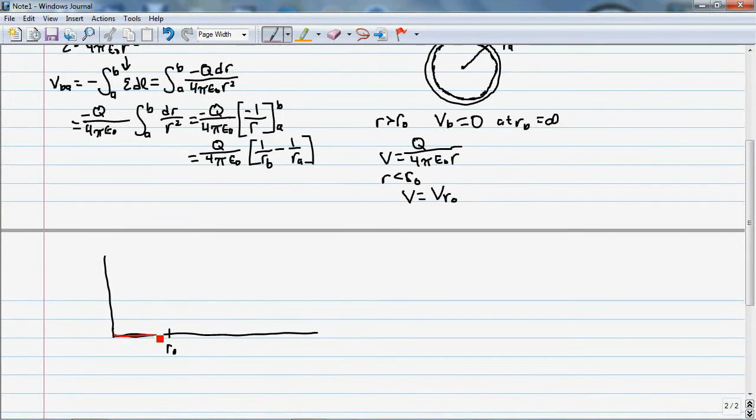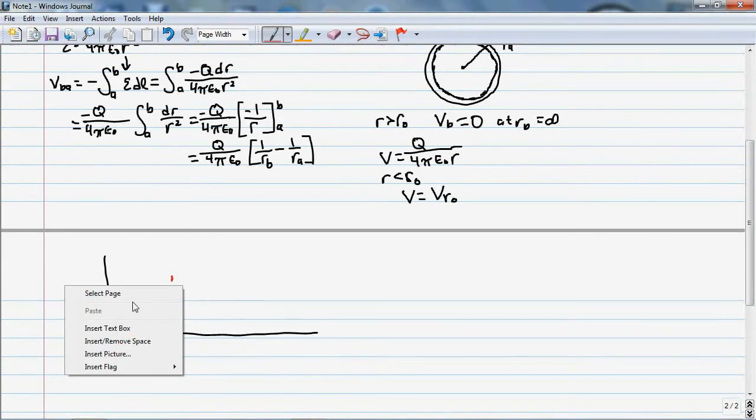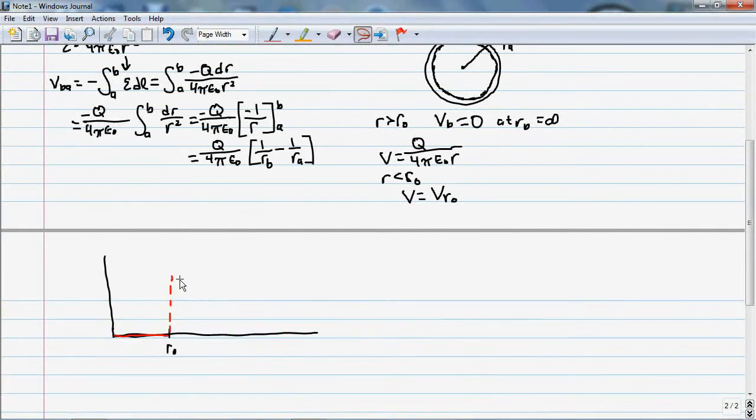The graph is going to be 0 until R naught, and then it's going to be discontinuous up to some value, and then reduce down in a relationship of 1 over r squared.